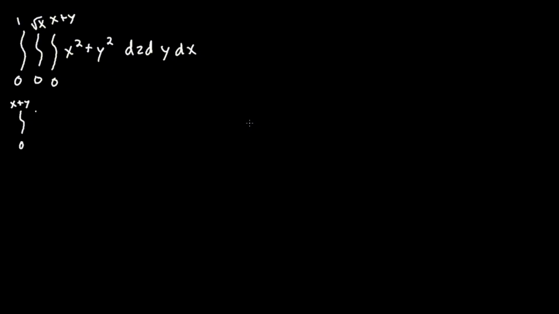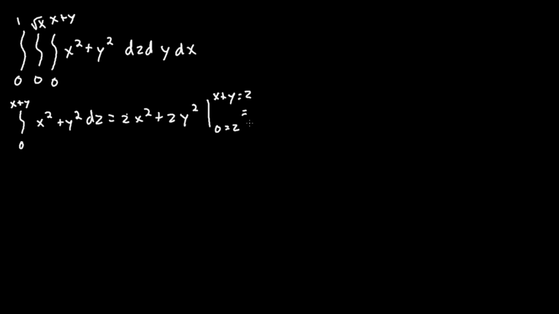So z bounds are 0 and x plus y. Notice how none of these are dependent on z, so we're treating x squared and y squared as constants. So we integrate this with respect to z. You get zx squared plus zy squared, and we're plugging in x plus y here.